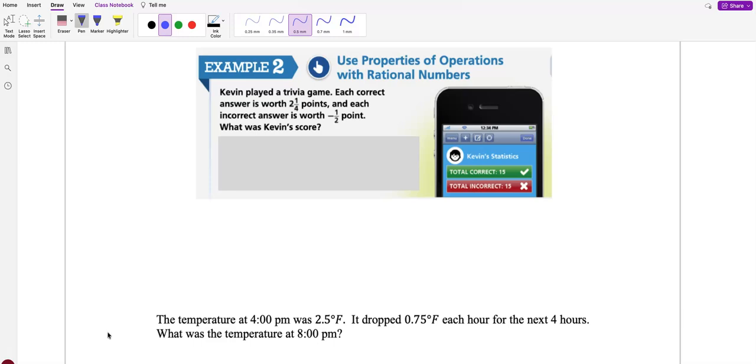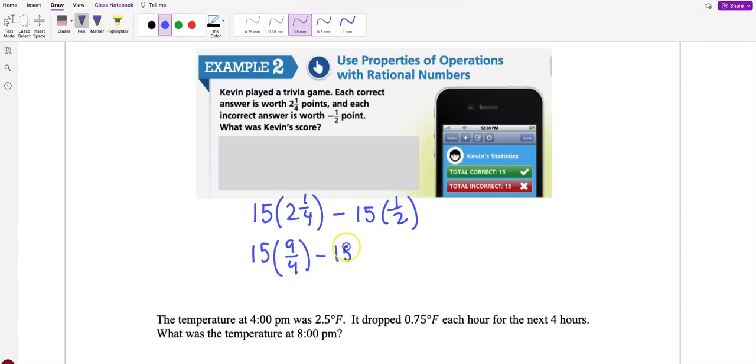Kevin played a trivia game. Each correct answer is worth 2 1/4 points, and each incorrect is negative 1/2 point. What was his score? So he got 15 correct, and he got 2 1/4 points for each of those, and then 15 wrong, and we lost 1/2 point for each of those. So this is 15 times 9/4 minus 15 times 1/2.